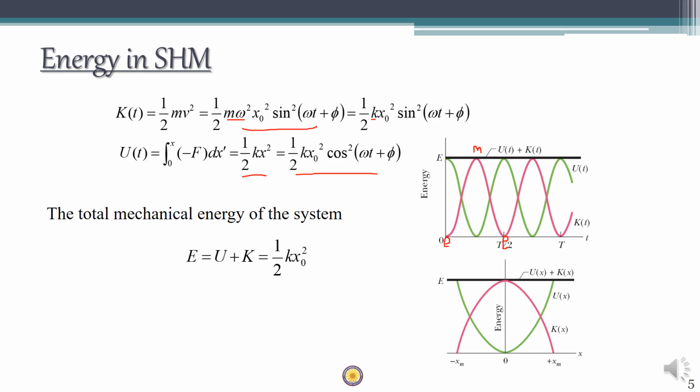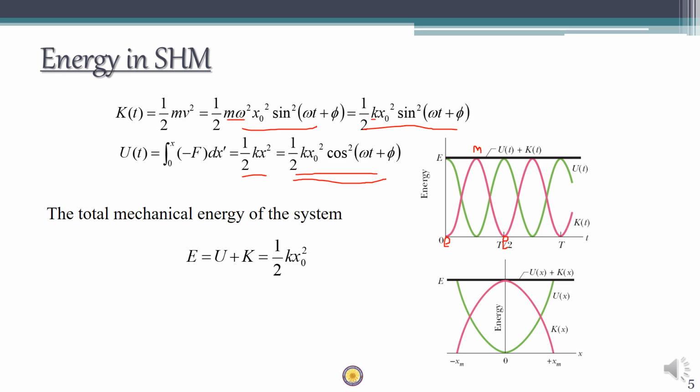Okay, it is interesting to note that if you try to add up U(t) and K(t) together, in both, half k x0 square is constant, and inside the bracket you get sine square(omega t plus phi) plus cos square(omega t plus phi), which is nothing but 1.